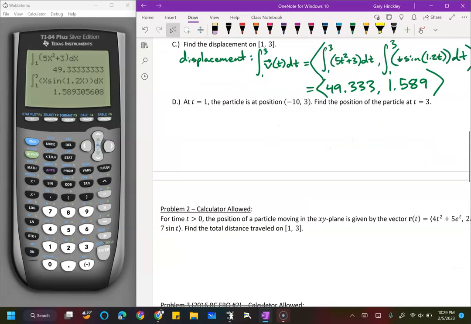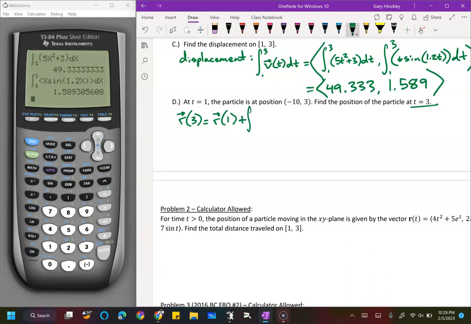So we're going to have our new position, which is going to be at 3. So that's going to be r of 3 would equal the old position, r of 1, plus really our displacement.